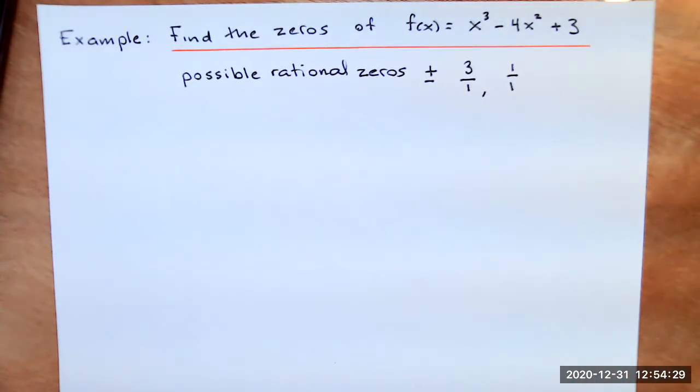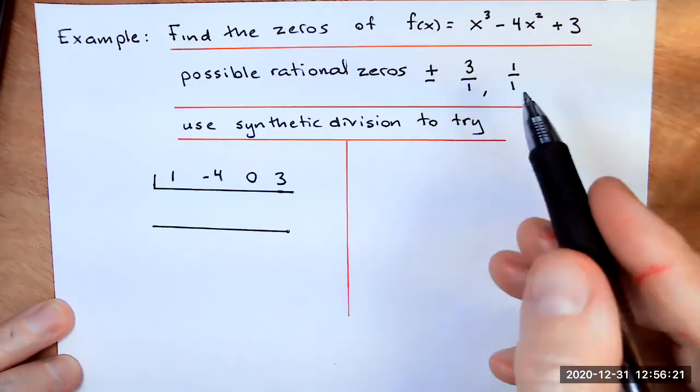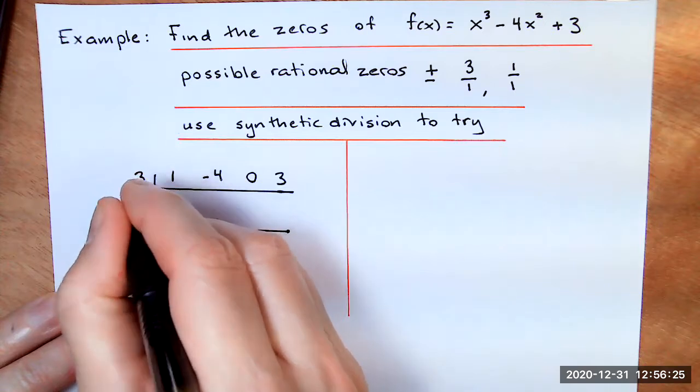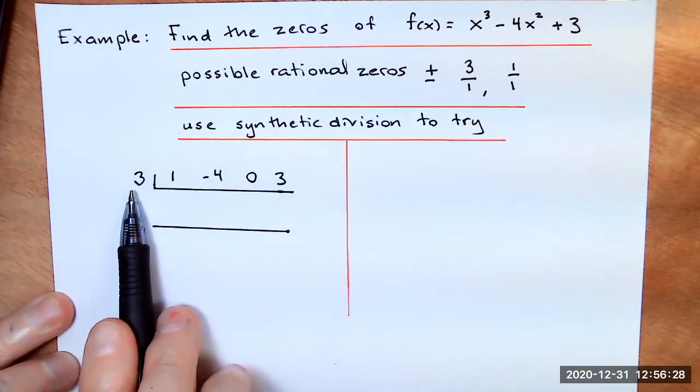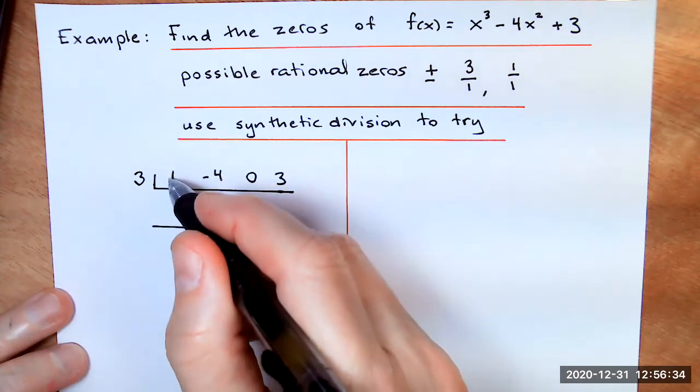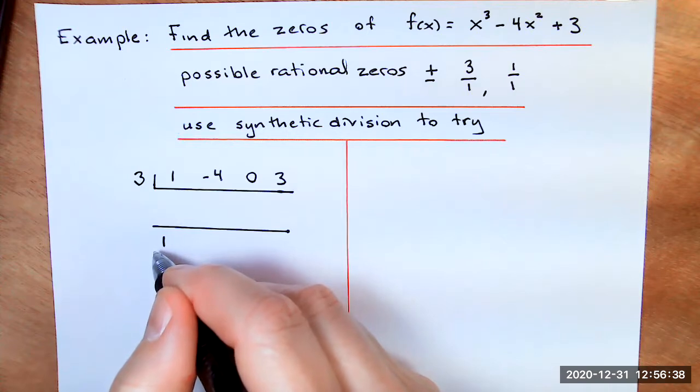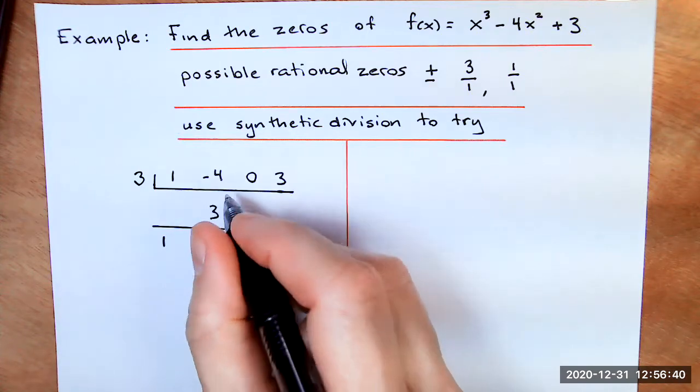Let's use synthetic division. All right, so let's just try 3, which would mean that x minus 3 is a possible factor. Remember, we bring down the 1. 3 times 1 is 3.